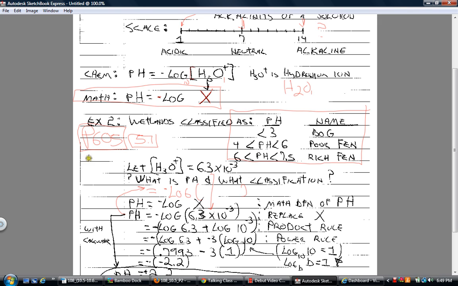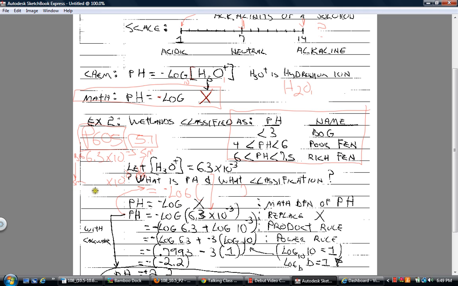Now a lot of you guys could probably do this in your head, but if I put 6.3 times, who remembers working the clutch, times 10 to the negative third, I want to get it times 10 to the 0, and so I got to go from, let's remember, negative 3 to 0 would be what? Small to big. So I got to go big to small.